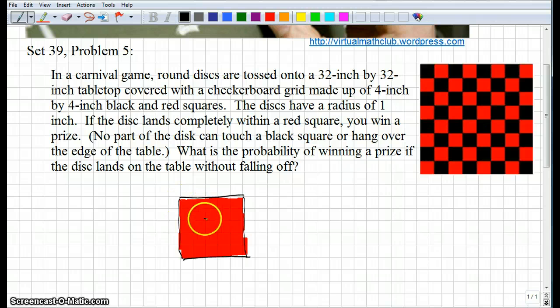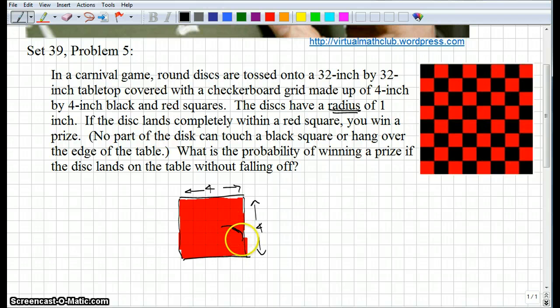So where does this thing have to land? We have discs that are 1 inch in radius. Okay, so radius, don't get confused. That means it's 2 inches in diameter. And this is 4 inches by 4 inches, right? So essentially, the diameter will go out to about half.